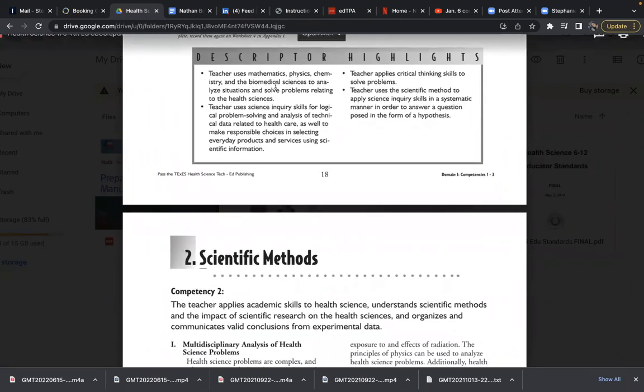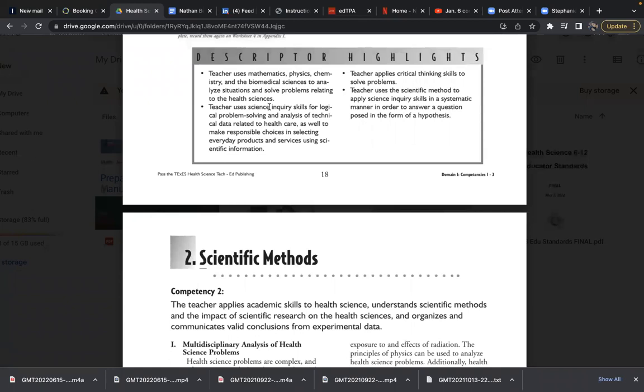The teacher uses mathematics, physics, chemistry, and biomedical sciences to analyze situations and solve problems related to health sciences. This is a wonderful example of the health science teacher being a multidisciplinary educator. You have to be proficient in math, and not just any math, pretty advanced math.